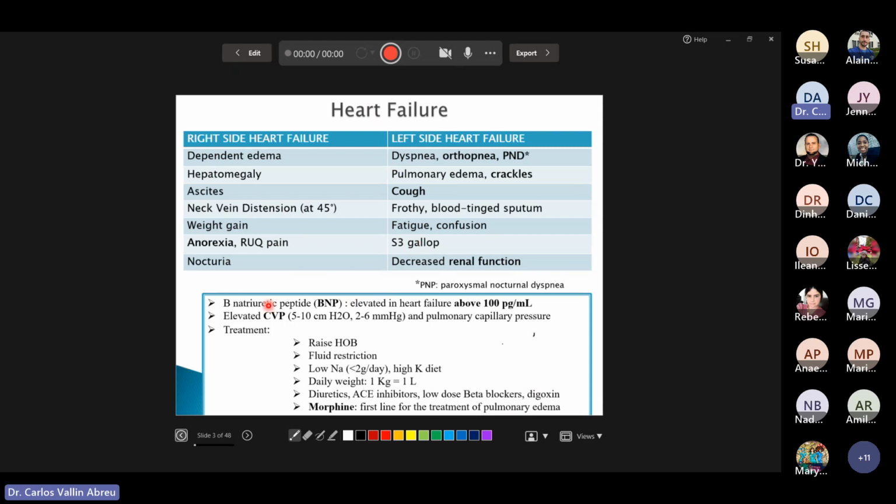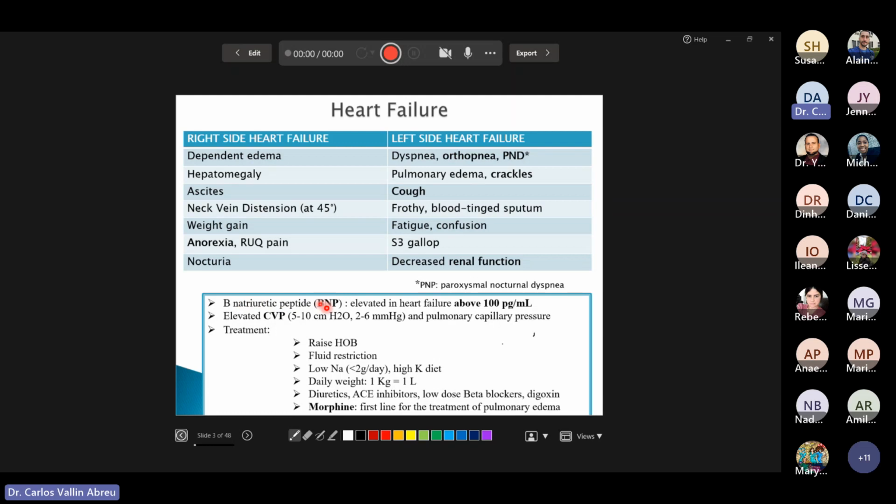There is a lab test that you need to know or remember that is associated with heart failure. It is a protein, a peptide that is produced by the body, but especially in the atrium, and it's called BNP, B-natriuretic peptide. The name is not important.